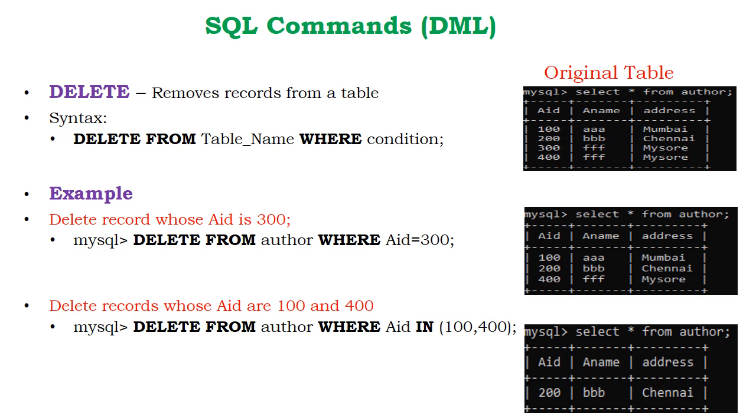DELETE FROM the table name, that is author, WHERE the primary key, that is author ID, IN, which is a membership operator. Within the membership operator, you have to list out all the IDs, for example 100 and 400. Then record 100 is automatically deleted, and record 400 is automatically deleted.